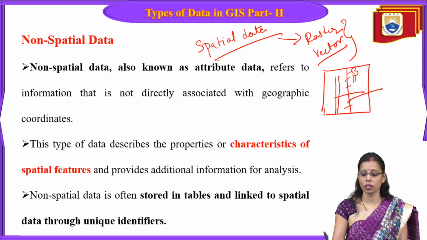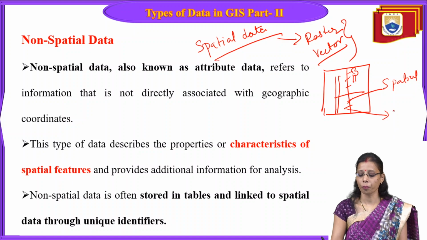These are all spatial data because they show the geometry, and we can see the shape, size and pattern. But until we add non-spatial information, by seeing we can only understand that it is a railway track. What is the name of the railway track, and which area it is located in? Once you add this information to the railway track, it becomes non-spatial data. So whenever we show spatial data, we have to attach non-spatial data to it.